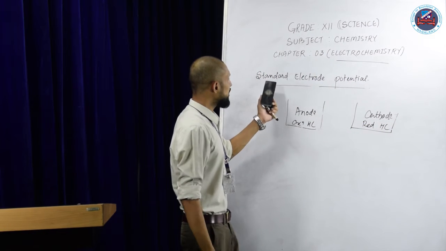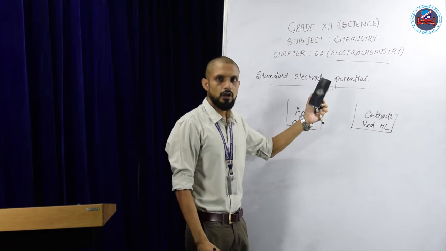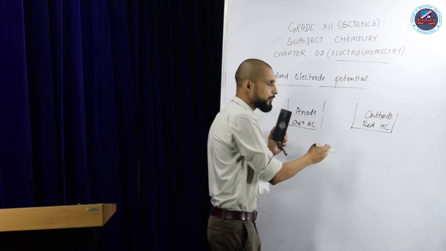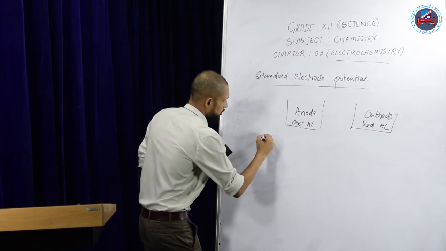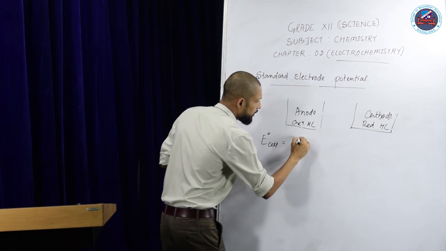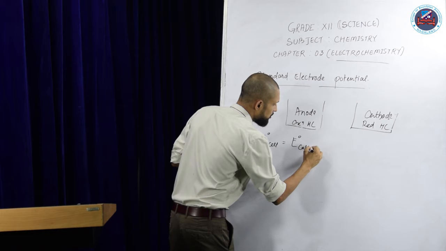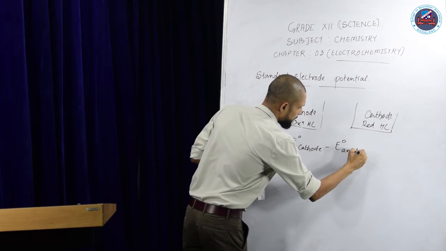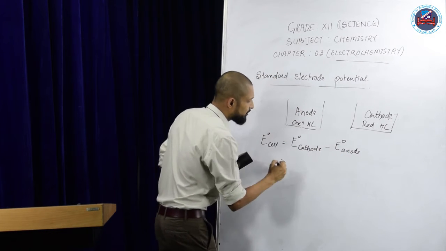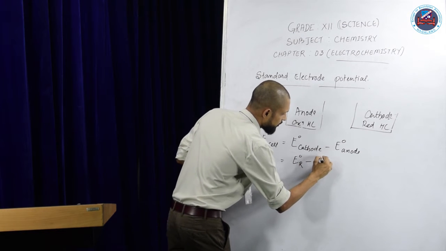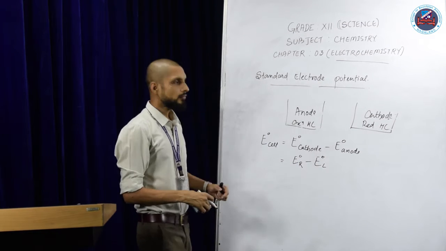So standard electrode potential is the difference between the two half cells. That is, E cell is equal to E cathode minus E anode. It is also written as E R minus E L.